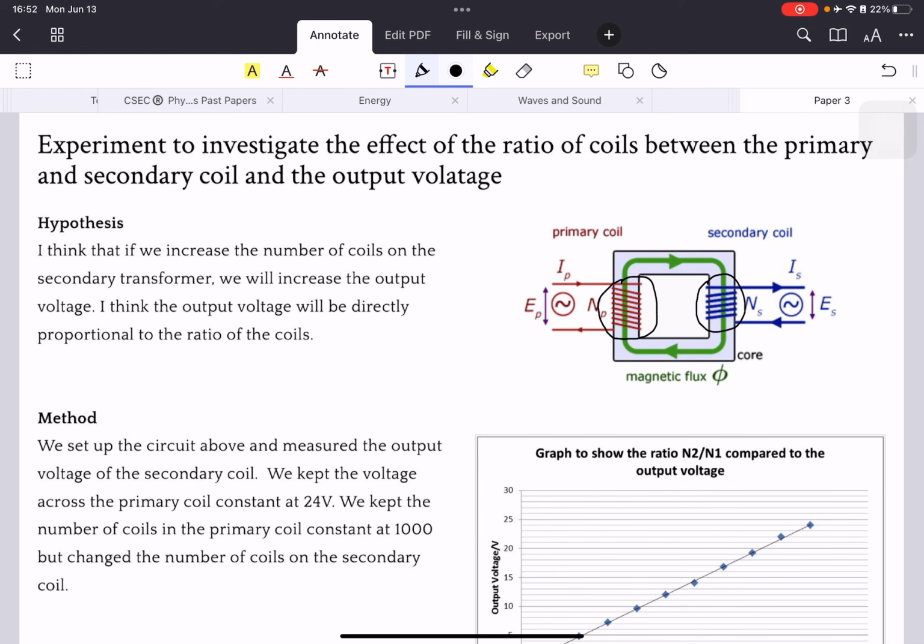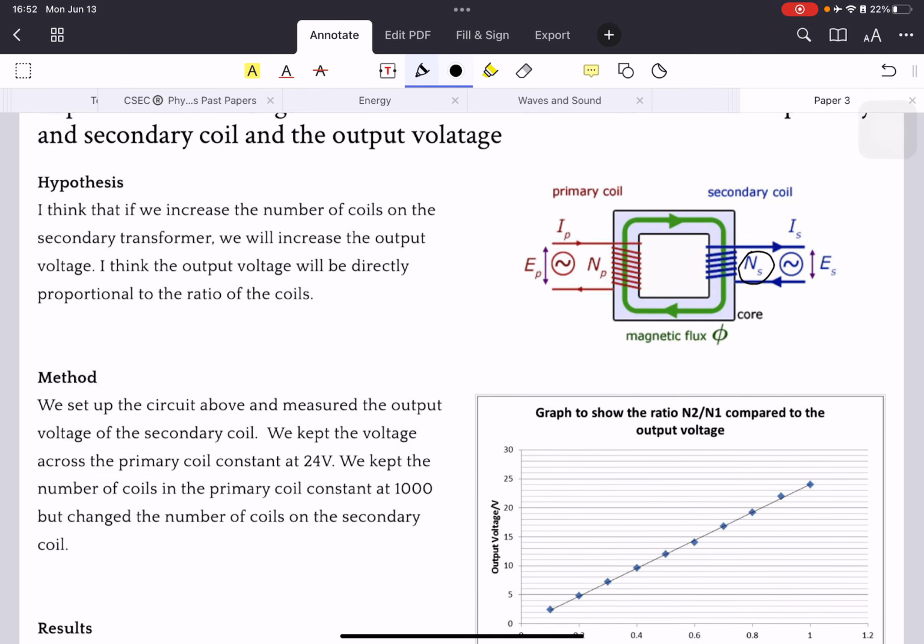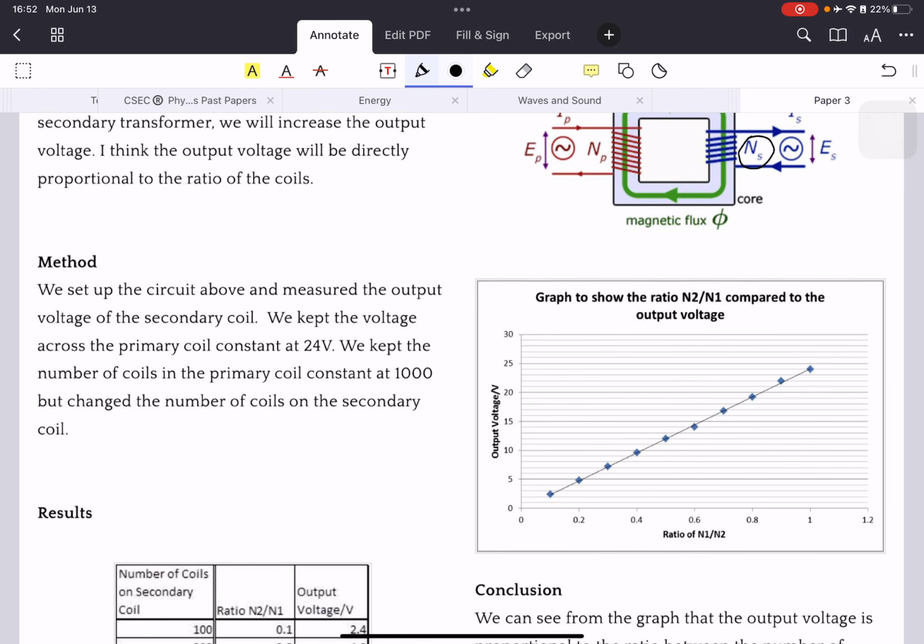So the hypothesis here, if they ask you to plan and design an experiment, would be that the output voltage, or the secondary voltage, is directly proportional to the ratio of the coils between the secondary and the primary coils. Okay, so let's see how we could do this.